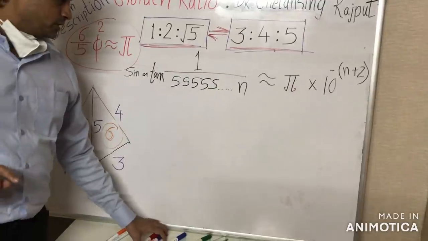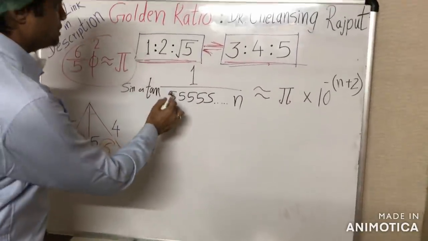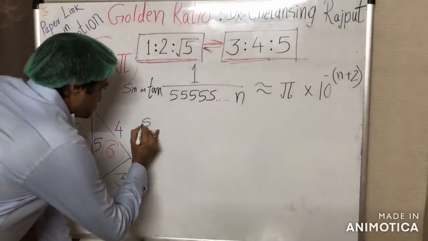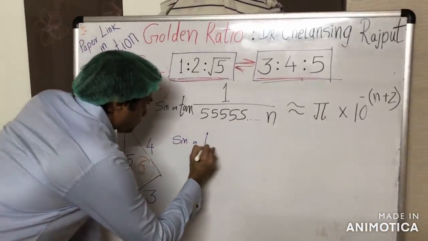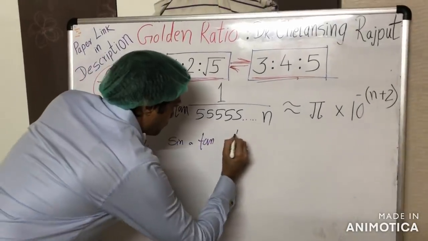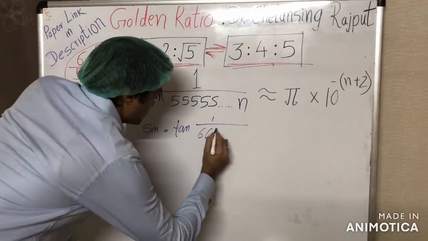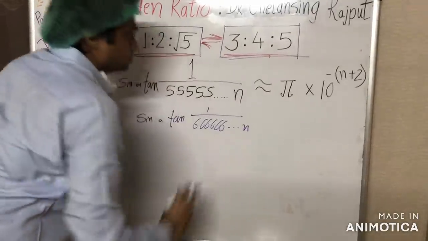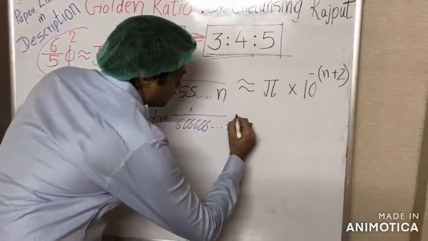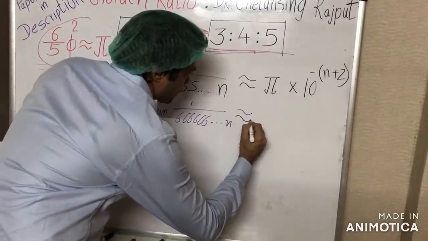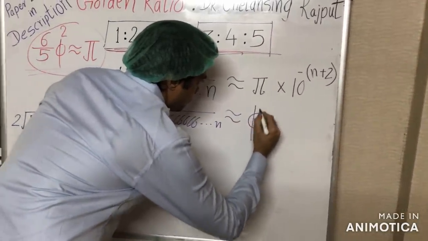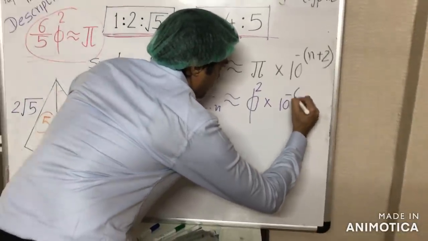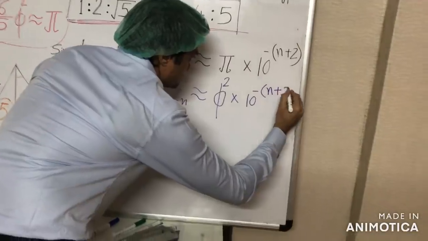What is important here? If we replace this digit 5 by 6, and get sine or tangent of 1 upon 6, 6, 6, 6, 6, 6, 6, n times 6, here we get a value which looks like phi square into 10 raised to minus n plus 2.